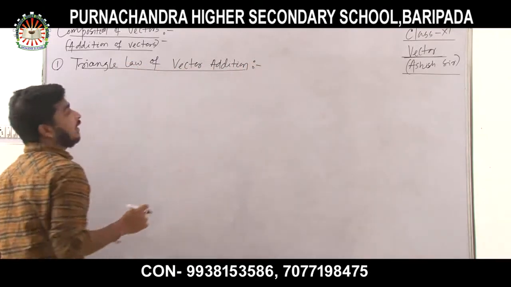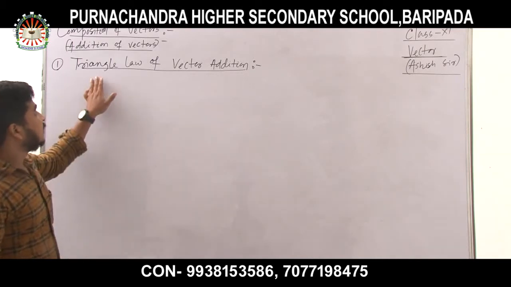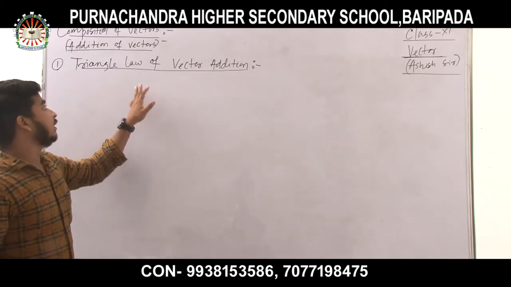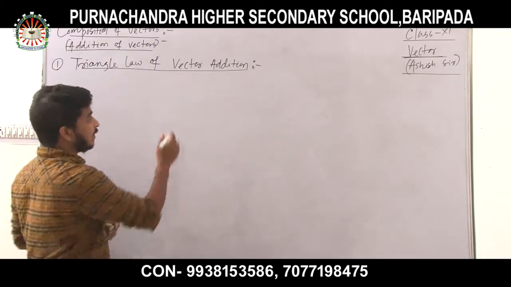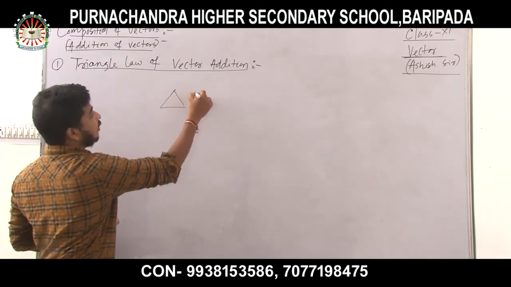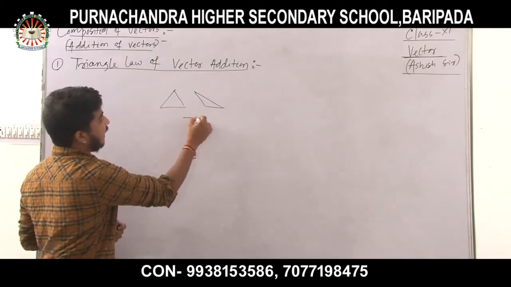So what is the triangle law of vector addition? A triangle is a closed figure made up of three sides. You can make a triangle like this, or someone can make a triangle like this.